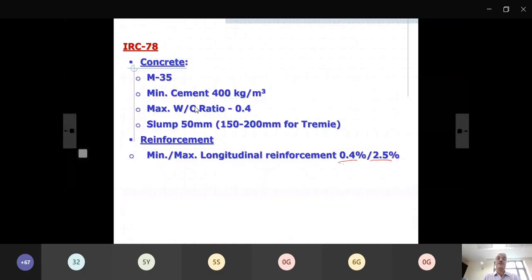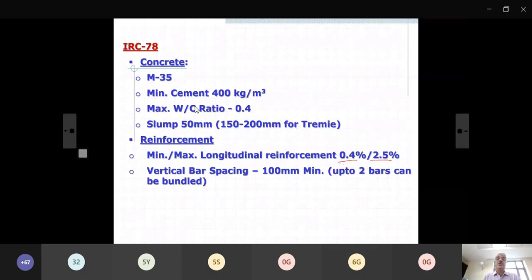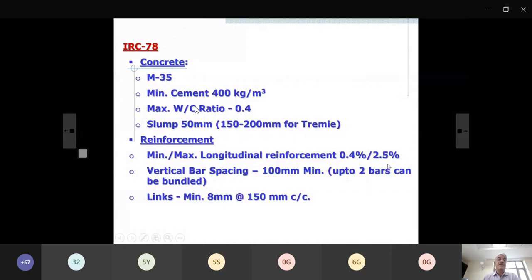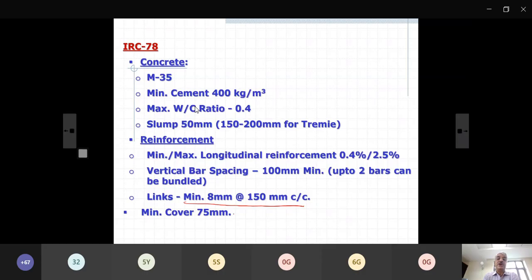This is longitudinal reinforcement, vertical reinforcement, and vertical bar spacing should be 100 mm, and up to 2 bars can be bundled. This is spacing, and as I told you, sometimes bundling is done, so it permits bundling of 2 bars together, and this should be minimum 100 mm. This is assuming that your aggregate size is maximum 25 mm, basically 4 times. Links are minimum 8 mm at 150 mm center to center. Minimum cover here is 75 mm, whereas in the IS code it was 50 mm.